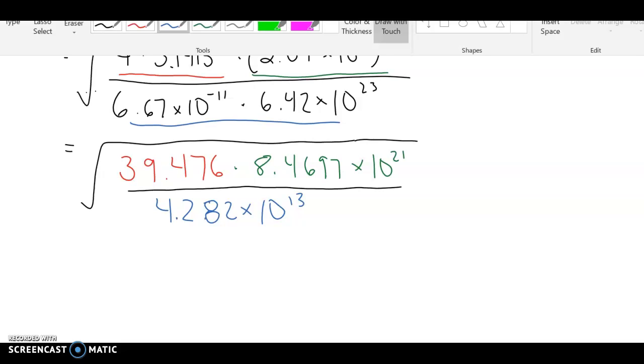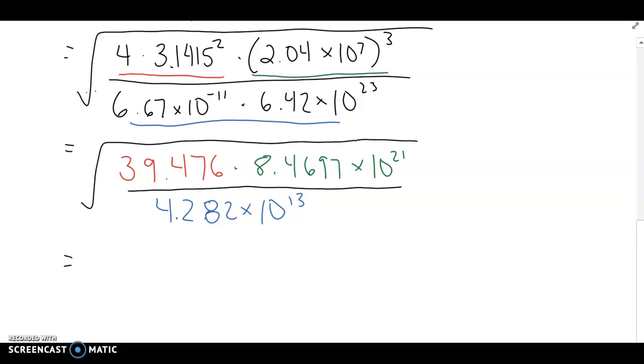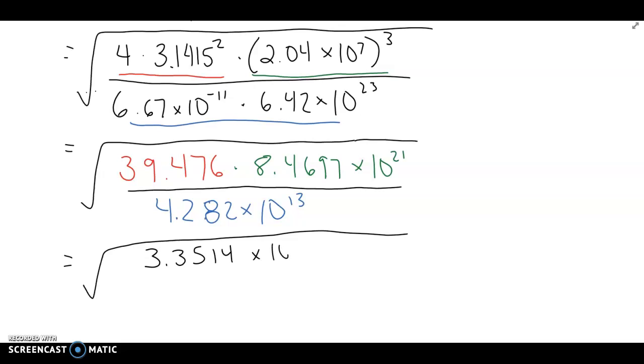And then when we go back to combining these values, you get 3.3514 times 10 to the 23rd on the top. We still have the 4.282 times 10 to the 13th on the bottom.